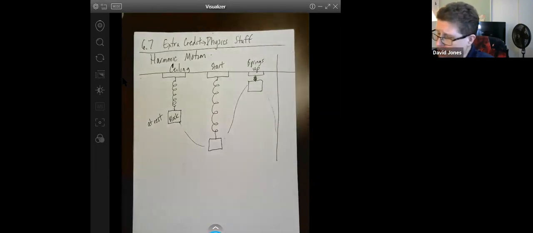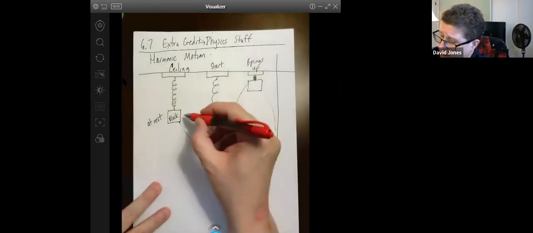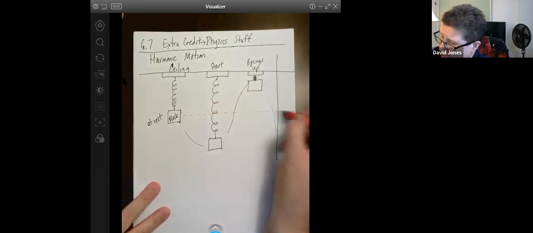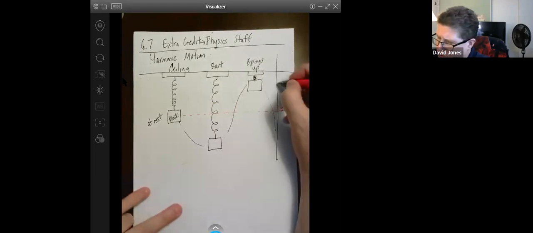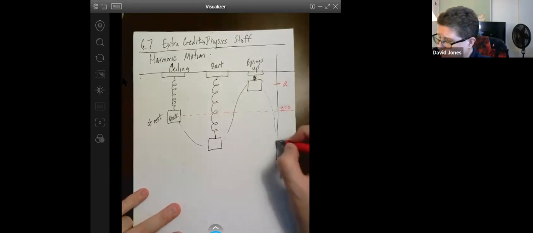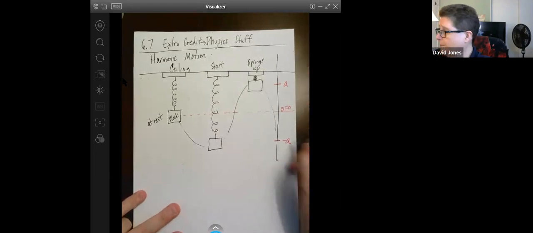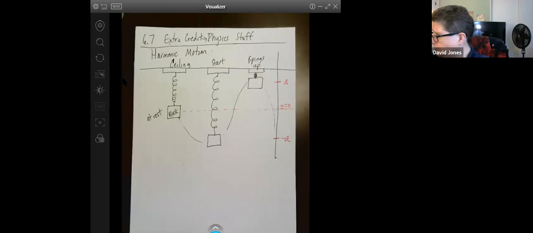So if I say this middle point right here at rest is effectively my y = 0 mark, then the point it stops at up here would be A, and where it stops down here is -A. Okay?